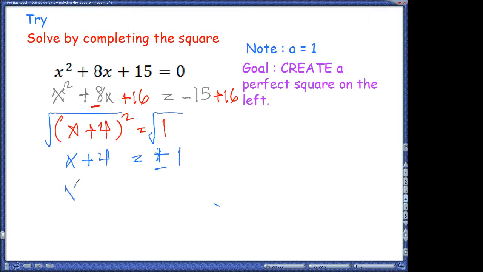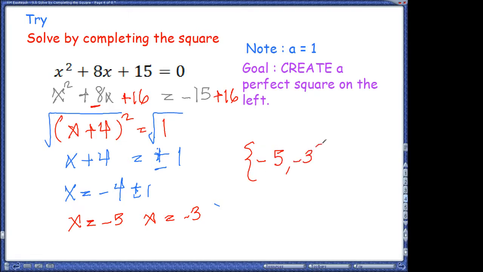And then x is equal to minus 4 plus or minus 1. This gives us two values for x. X is equal to negative 5 and x is equal to negative 3, which you will put in a solution set in order: negative 5 comma negative 3.